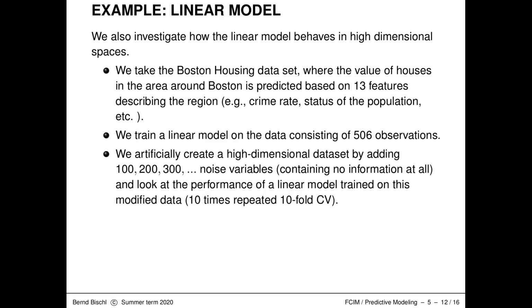And I will now train a linear model on my data consisting here of roughly 500 observations. And in order to make it really high dimensional, I'll now artificially create a lot of noise variables. So 100, 200 or 300 completely non-information carrying variables, and look at the performance of my linear model if I train on this modified data.